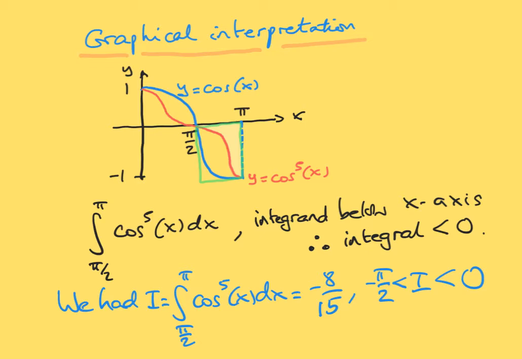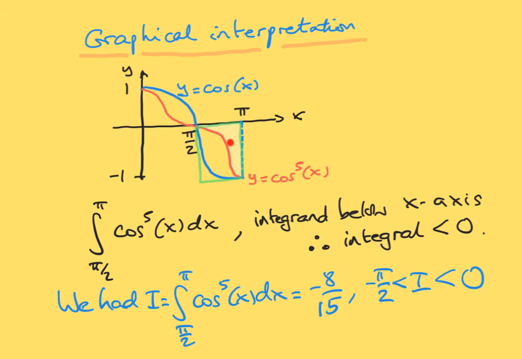So it's going to lie between the cosine curve and the x-axis, and it just touches it when the cosine vanishes, when the cosine is 1, and when the cosine is minus 1. So this is the graph of cosine to the 5th over our range of integration.